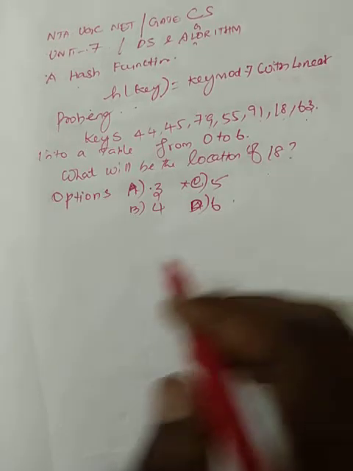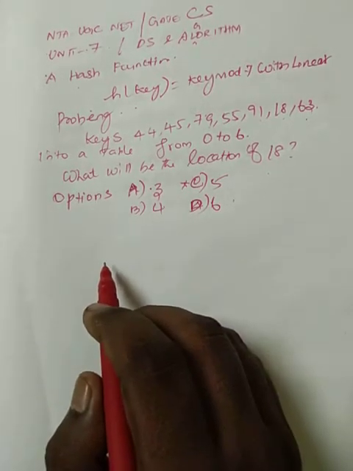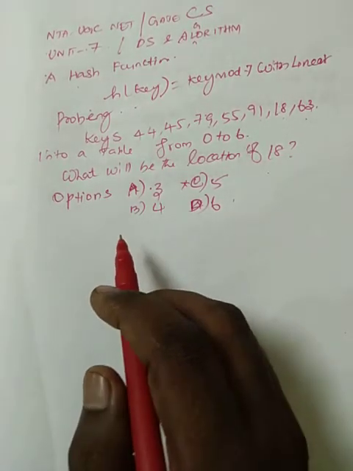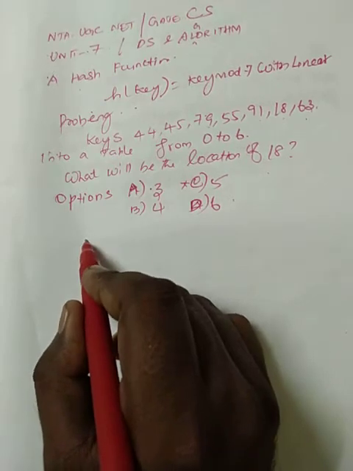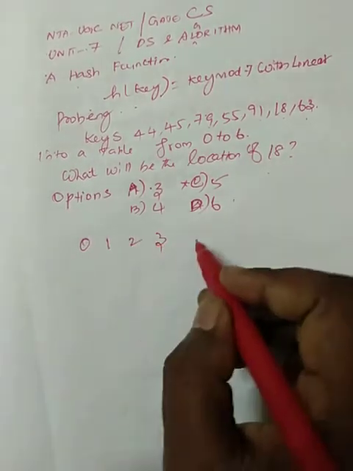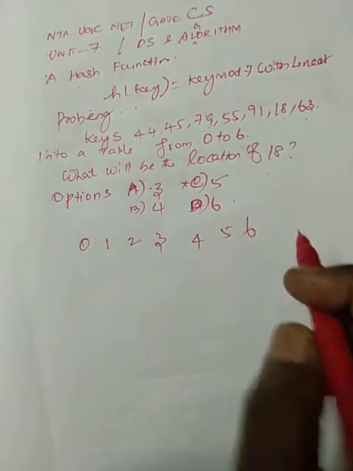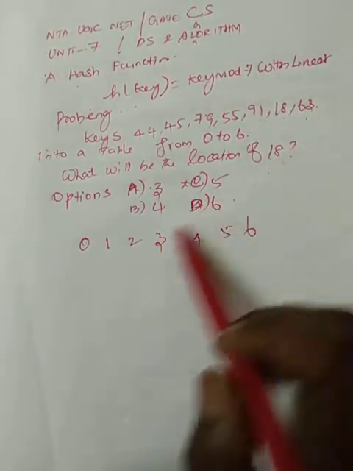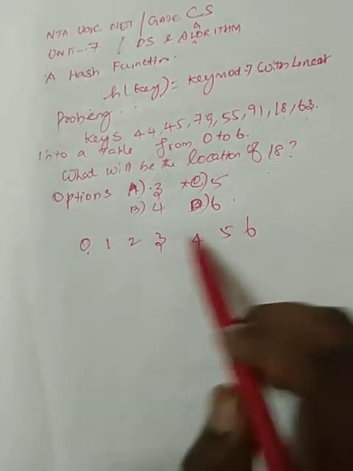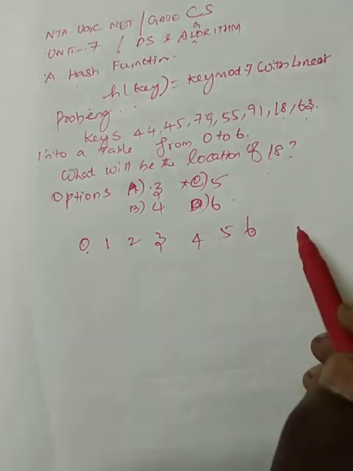Okay, so in order to place all the keys with the help of the hash function in linear probing, first you represent locations 0, 1, 2, 3, 4, 5, 6. Totally 7 elements, and we start the address of locations from 0 up to 6 in sequence.